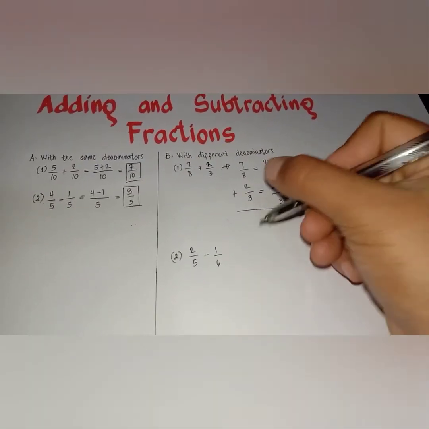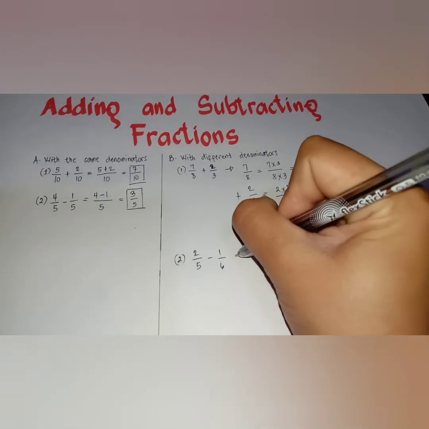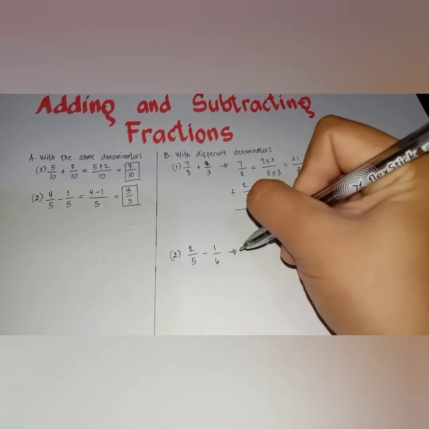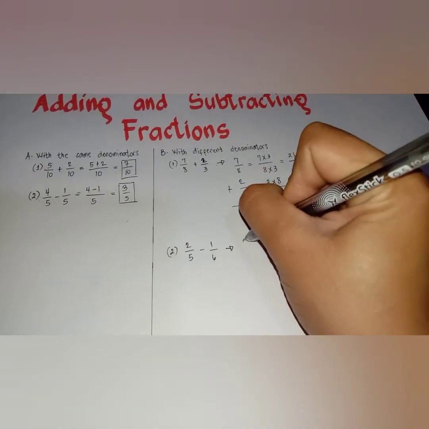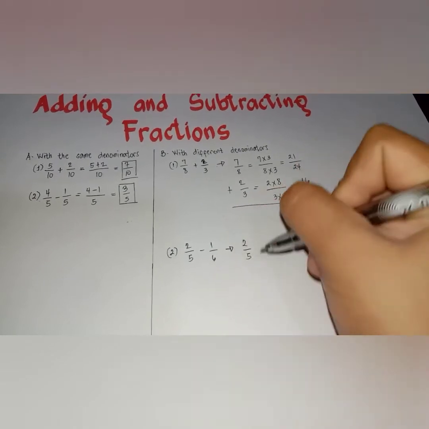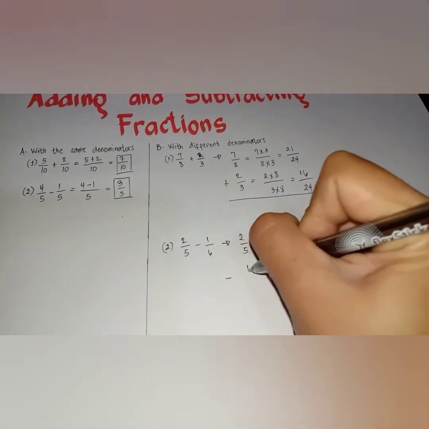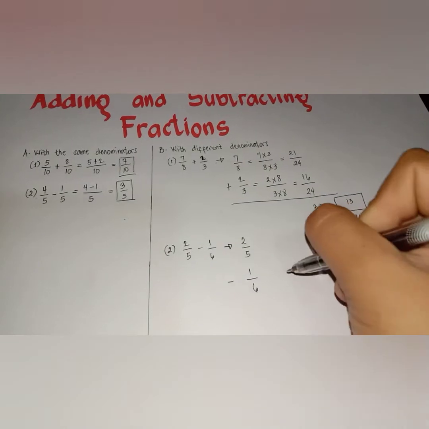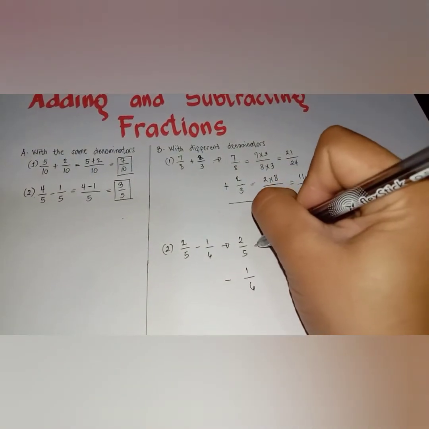To subtract fractions that have different denominators, write the equivalent fractions that have like denominators. Now, let's find the equivalent fractions that have like denominators of 2 over 5 and 1 over 6.